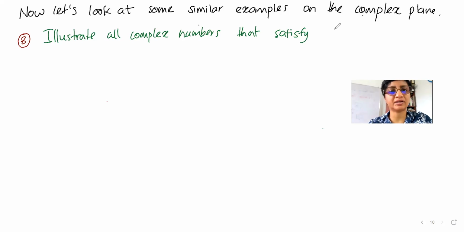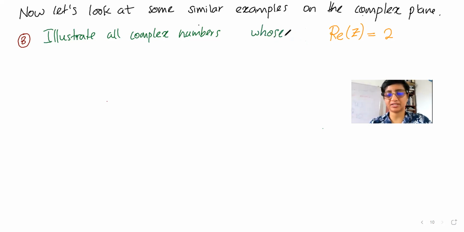Here's the condition. Re of z, I want Re of z to be 2. Real part is 2. Illustrate all complex numbers, shall I say whose real part is 2, on the complex plane? Illustrate on the complex plane.